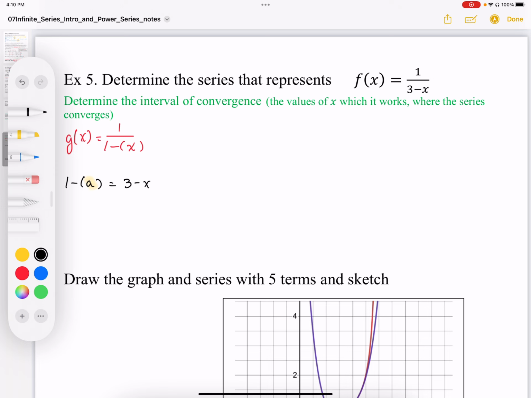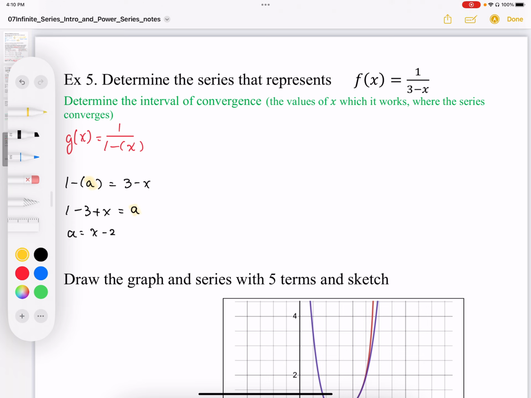So I end up with 1, and then we're going to subtract 3 plus x on both sides. I'm going to add a to both sides, so there's my a value. So the a that I want to replace into that expression is going to be x minus 2.